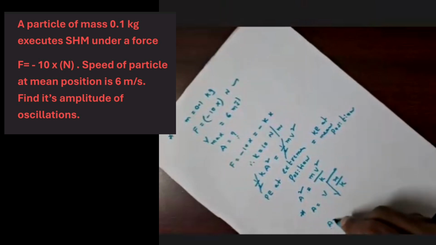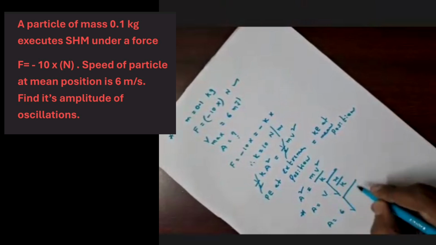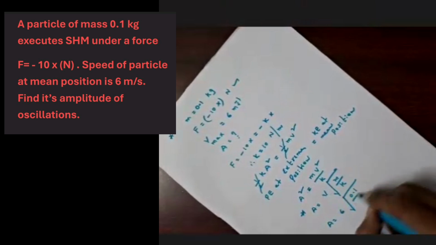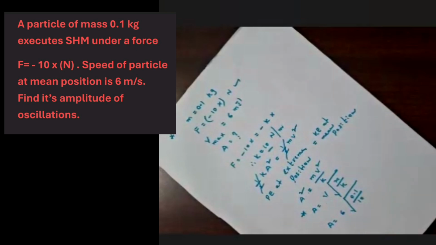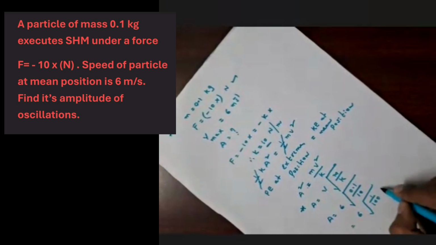Now a is equal to v root over m by k. What is the v value here? 6 root over 0.1 by 10. Already one more 10 is in the denominator, 10 into 10 is 100. This 100 comes out of the square root as 10.